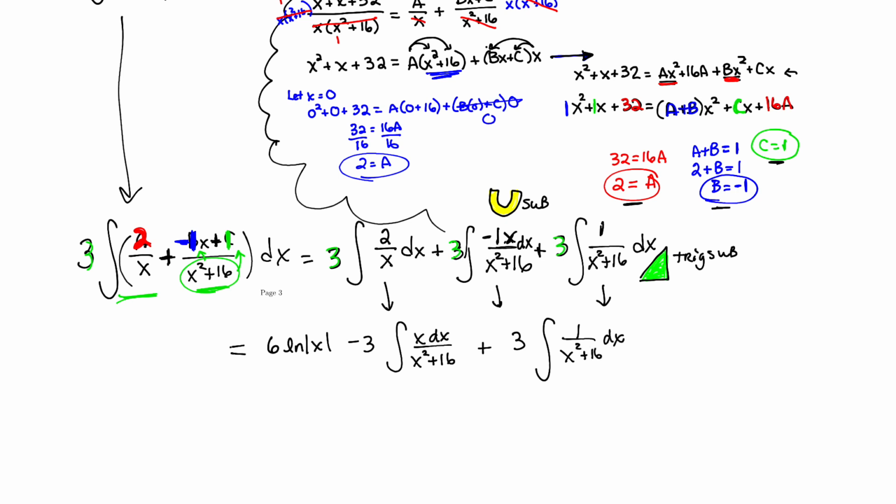Okay, so now this middle one, I'm going to let u equal x squared plus 16. du is 2x dx, so 1/2 du is x dx. That's what I'm going to replace.